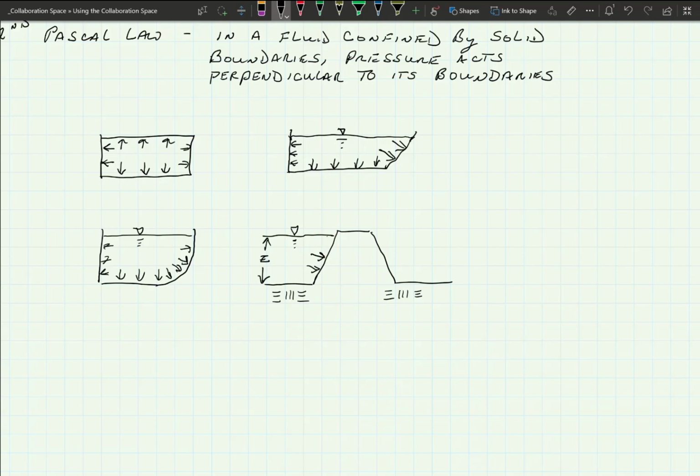We like to look at dams. Okay? I can't think of a greater civil engineering project than a dam. Okay? And they're never just a vertical wall.